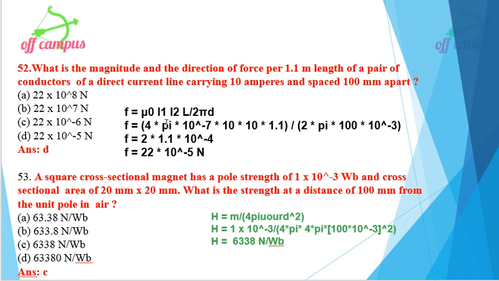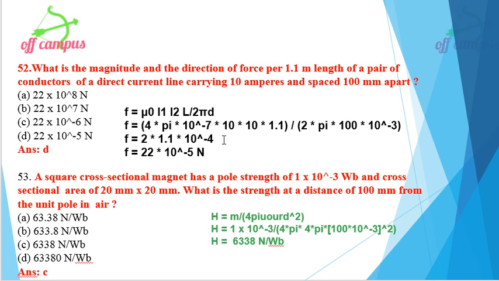By solving, pi and pi get cancelled. Then what will be remaining? 4 by 2 we will get 2, this is the numerical value, into 1.1. Then in the numerator, we need to simplify the powers of 10: 10 power 2 into 10 power minus 2, 10 power minus 1, which comes to the numerator as 10, and already 10 10 100, 10 also added, so 1000, 10 cube.